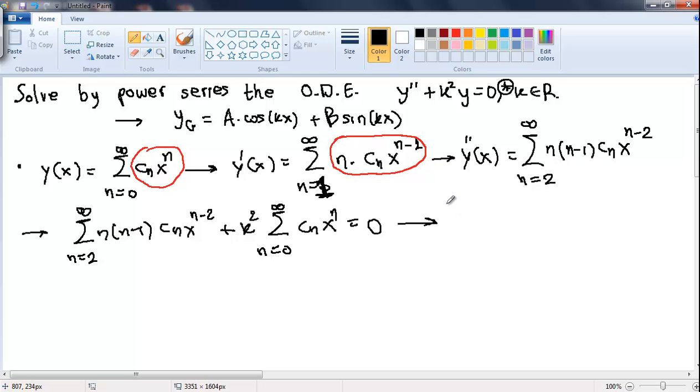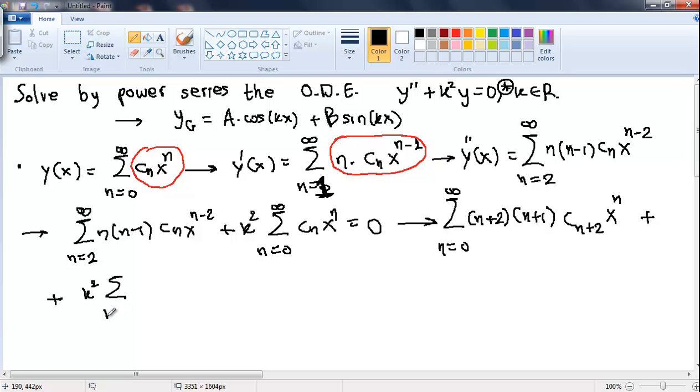For this I take the sum from n equals 0 to infinity of (n+2)(n+1) c_(n+2) x^n. Also I create the same power, x to the n, and the other one is k² times the sum from 0 to infinity of c_n x^n.